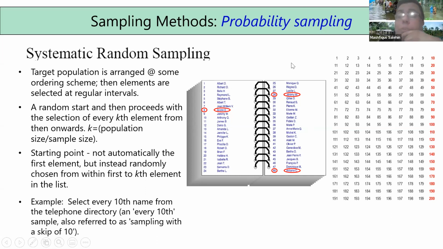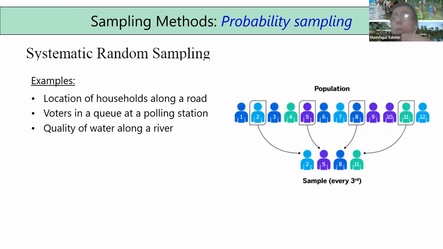If you start with your 8th element and your interval is 10, this column will represent your samples. So you are doing the same random sampling, but in a systematic way. This is the difference between systematic random sampling and pure random sampling.